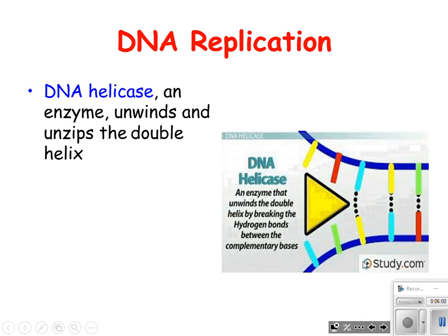All right? So go ahead and copy that picture. If you want to color it, you can color it too. So the very first step is that the DNA helicase unwinds and unzips the double helix.